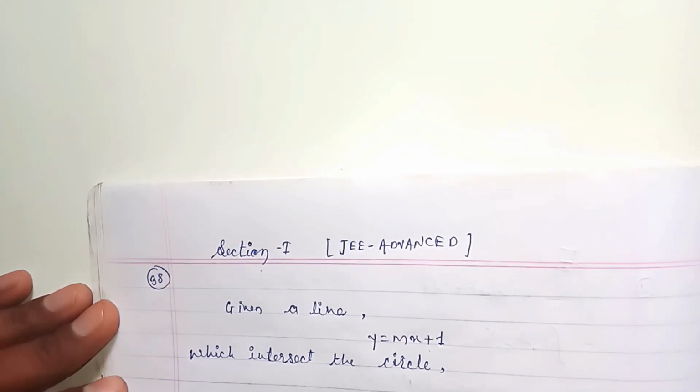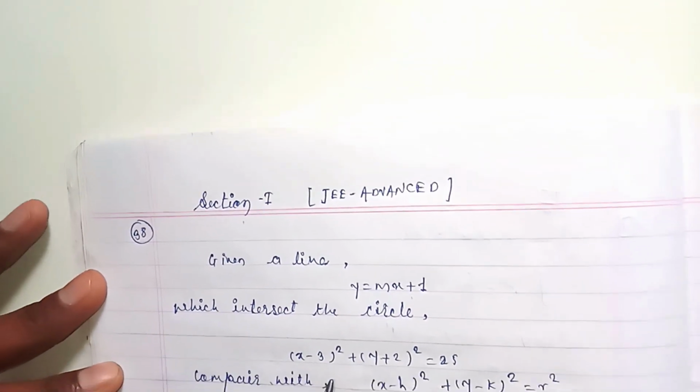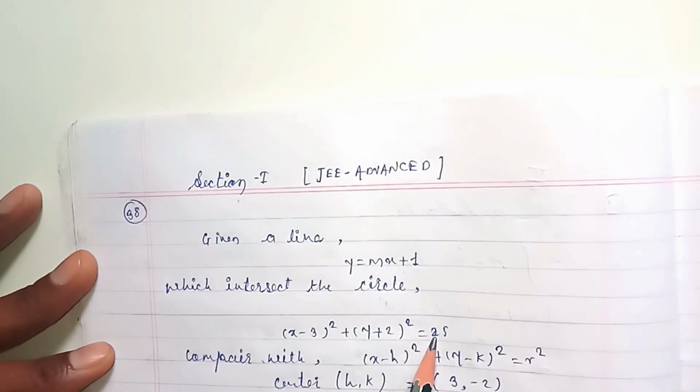Now let's first write what is given. The line intersects the circle (x minus 3) square plus (y plus 2) square equal to 25.